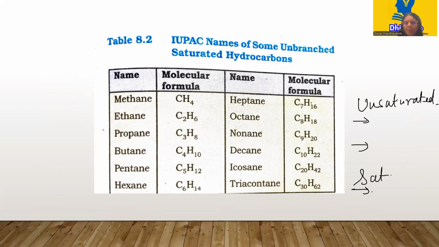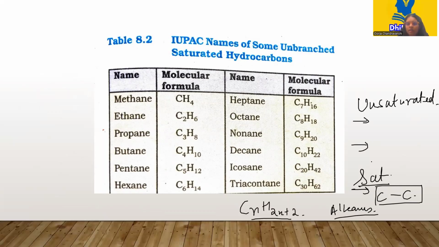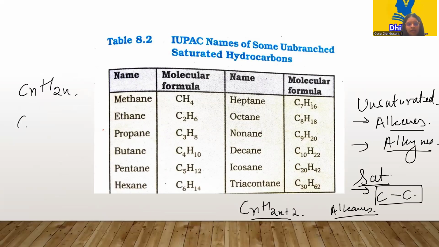Saturated compounds are those which have only carbon-carbon single bonds. So alkanes are saturated compounds. Their formula is CnH2n+2. Unsaturated is divided into two types. You have alkenes and alkynes. For alkenes, the formula is CnH2n. Alkynes would be CnH2n-2.